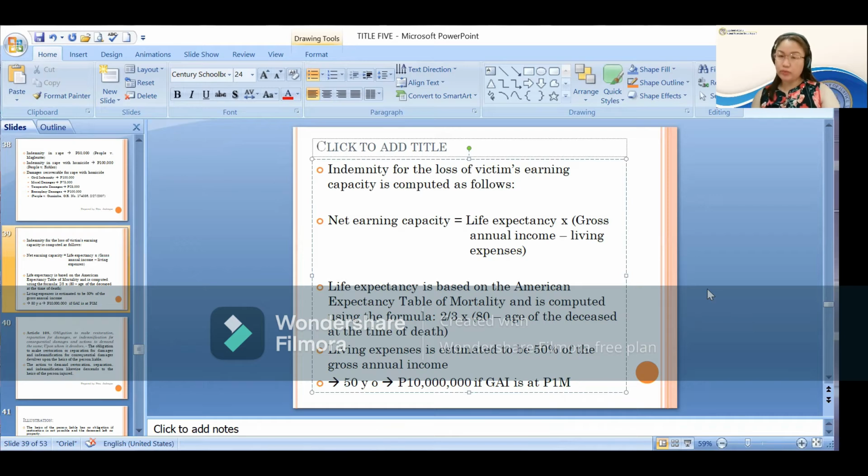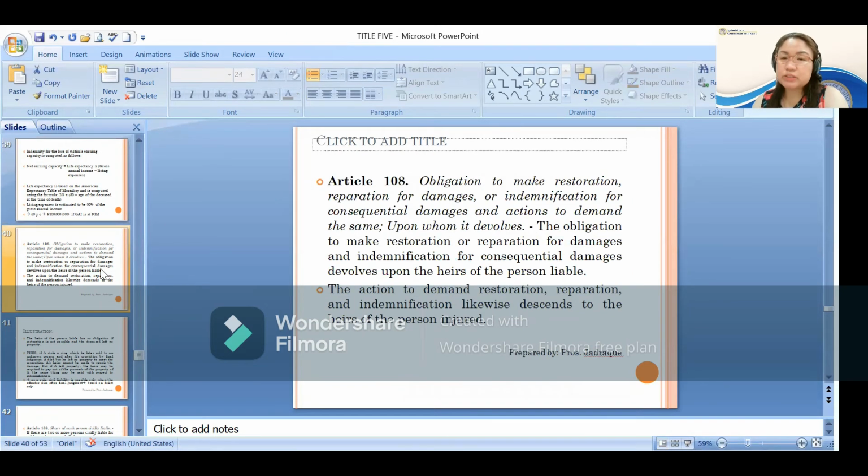So if you are going to compute 500,000 times the 20 life expectancy of the deceased, then the loss of earning capacity shall be 10 million pesos.